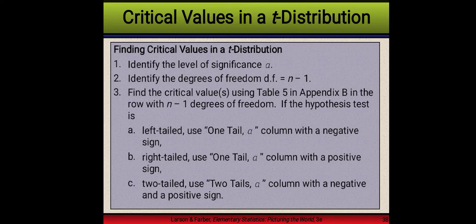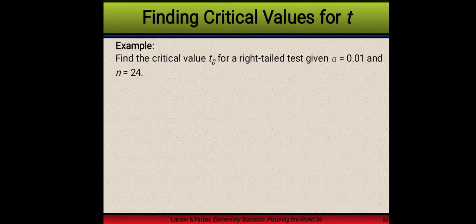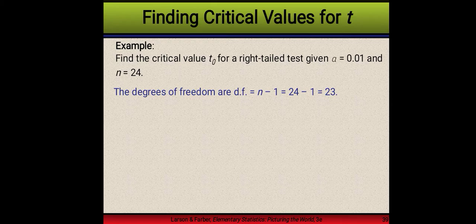Example: find the critical value of t sub-zero for a right-tailed test given the level of significance 0.01 and n equal to 24. The degrees of freedom, df, n minus 1 is 24 minus 1, which is 23.